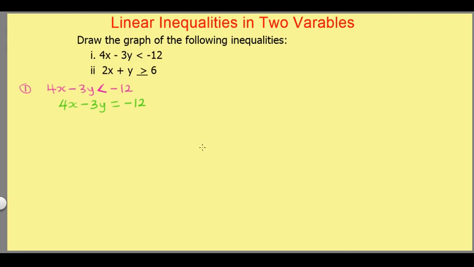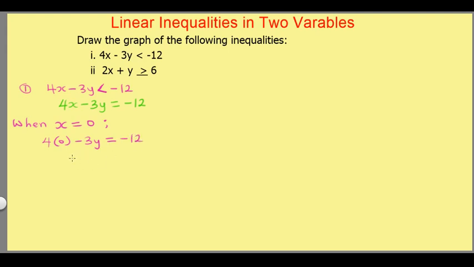Then we set one variable to 0 so that we can get the other variable, and we do the same for the other variable. So here we can say when x is equals to 0, this will help us to determine the value of y. Putting x to be 0, that becomes 4 open bracket 0 minus 3y equals minus 12.